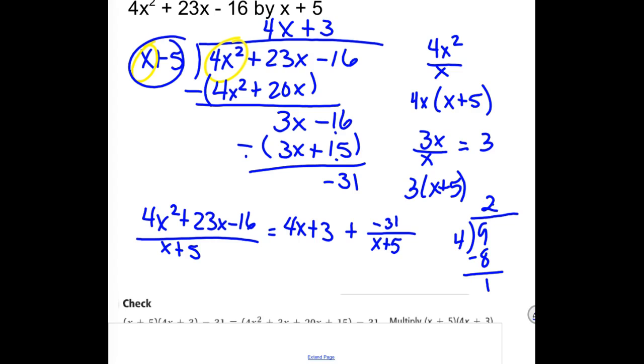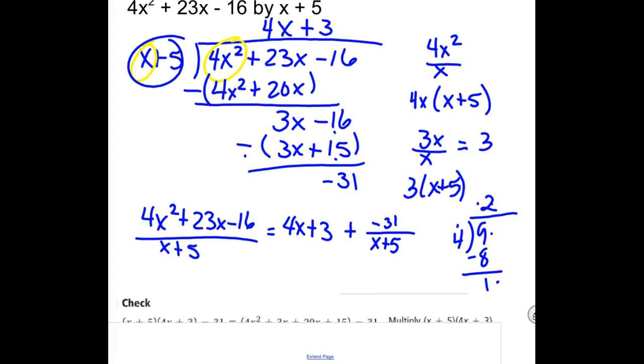We can also say that 9 can be found by taking 4 times 2 and adding in the remainder. So I could do this on this question as well. I could take x plus 5 times 4x plus 3. I could FOIL that together. I could add in the extra negative 31 that I have left over, and I should get back to this.